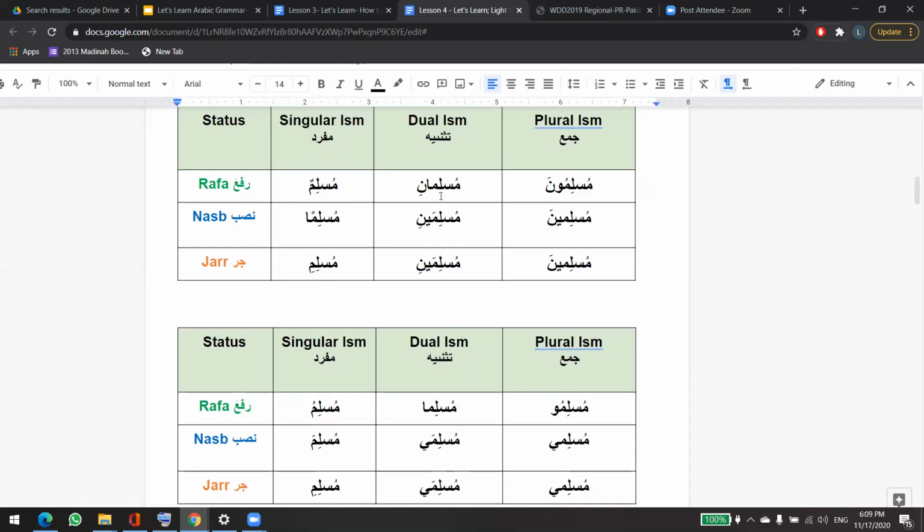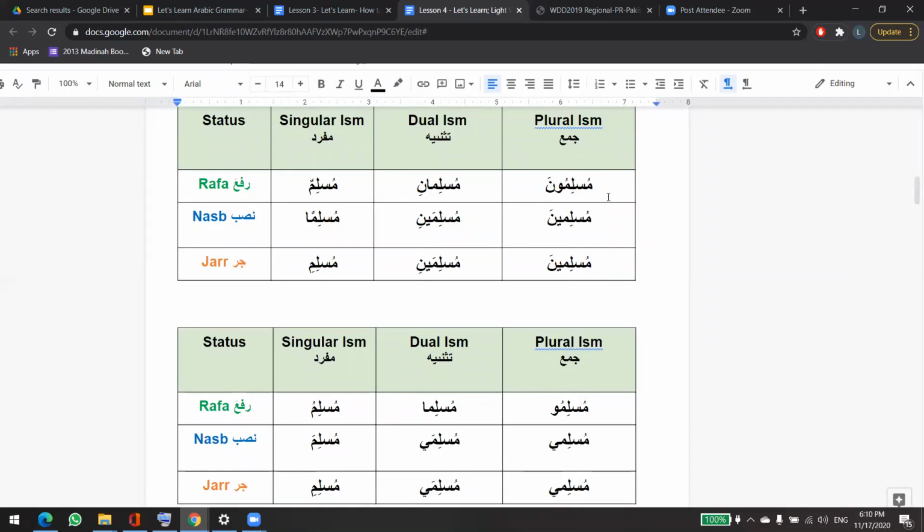For rafa status, we have Muslimani, and over here we have Muslima. For nasab and jar status, we have Muslimaini, and over here we have only Muslimai. So noon is gone from rafa, nasab, and jar. In all the three status, this noon is gone.